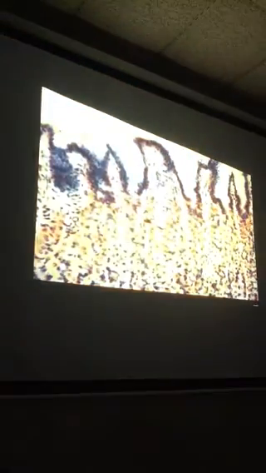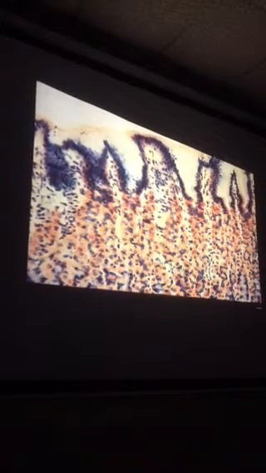So you want to magnify, kick it up another 100 times, and now you get a nice clear look at the pits. You can see the simple columnar epithelium, looks like a skyline. The nuclei are at the base of the cells.